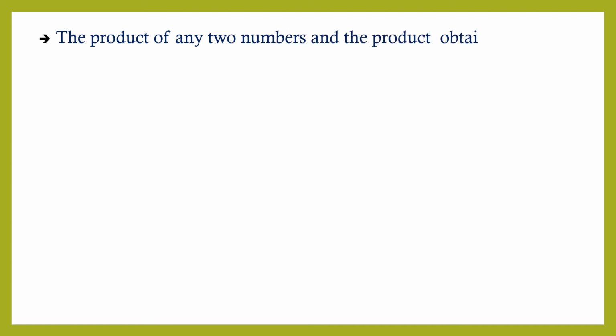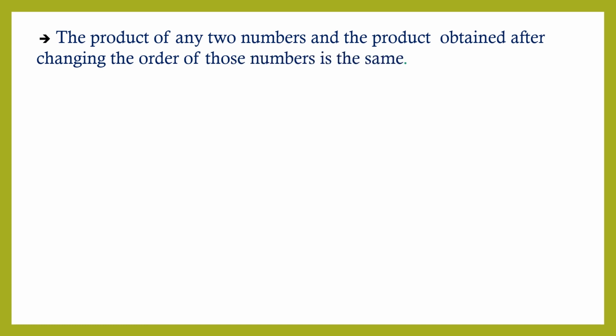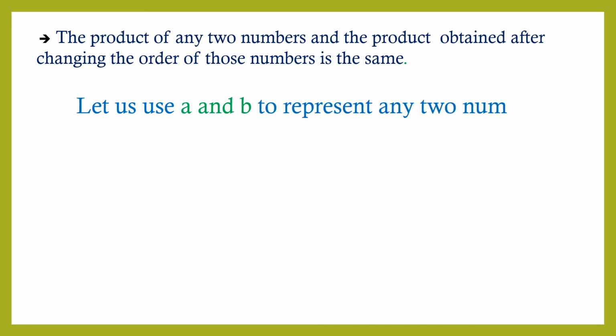Let us see another example. The product of any two numbers and the product obtained after changing the order of those numbers is the same. To express this property in a short manner by using letters, first let us use A and B to represent any two numbers. Now what is our property?